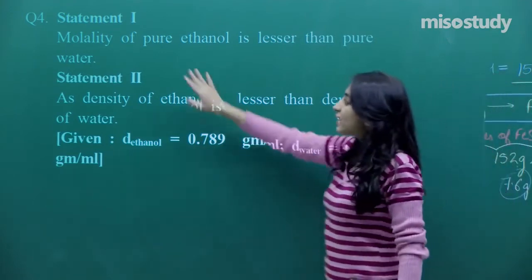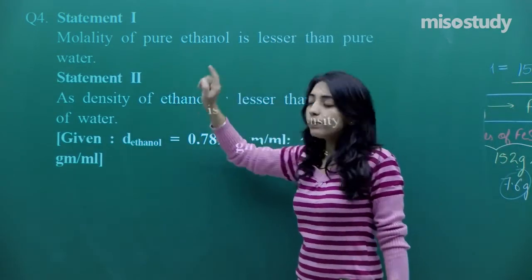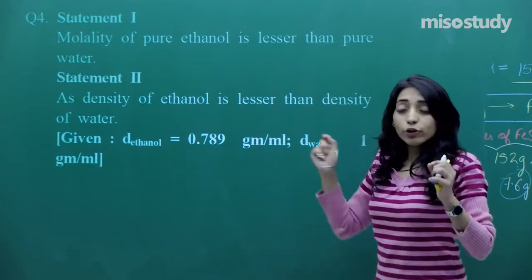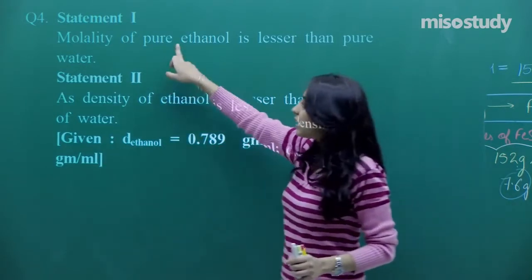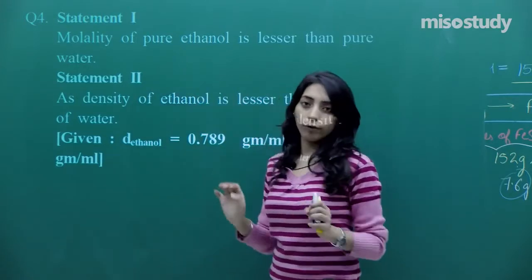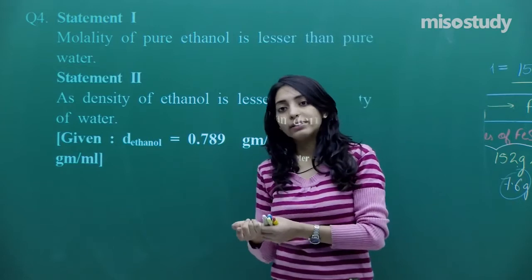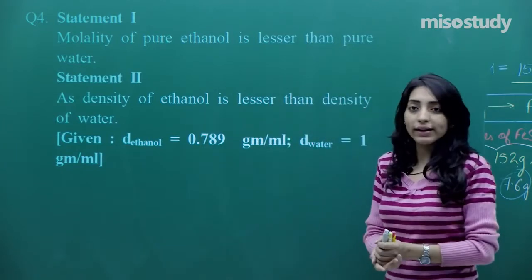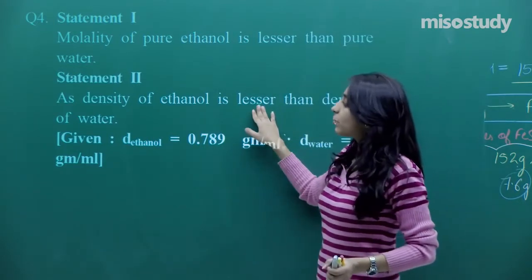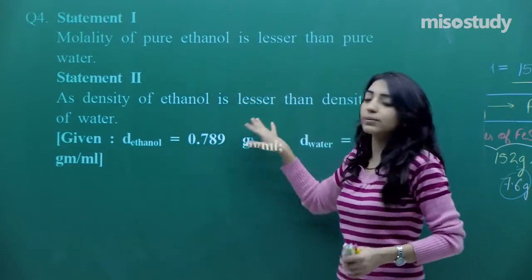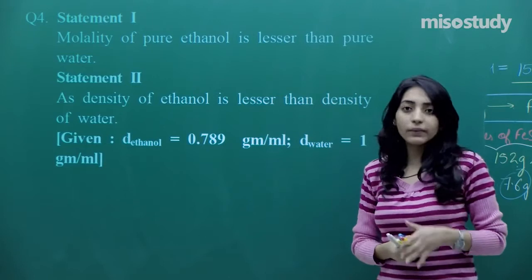But there is statement 1 which is given to you, and another statement, statement 2. You need to figure out whether the first statement is true or false, whether the second statement is true or false. And finally, whether the second statement is the explanation of the first or not.